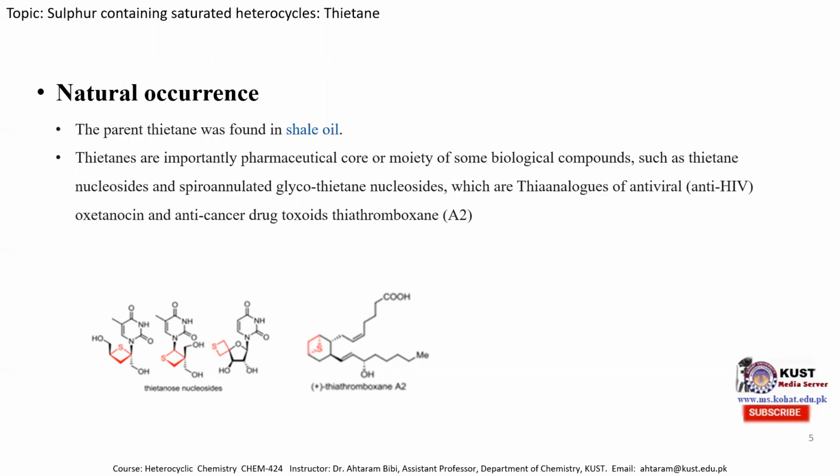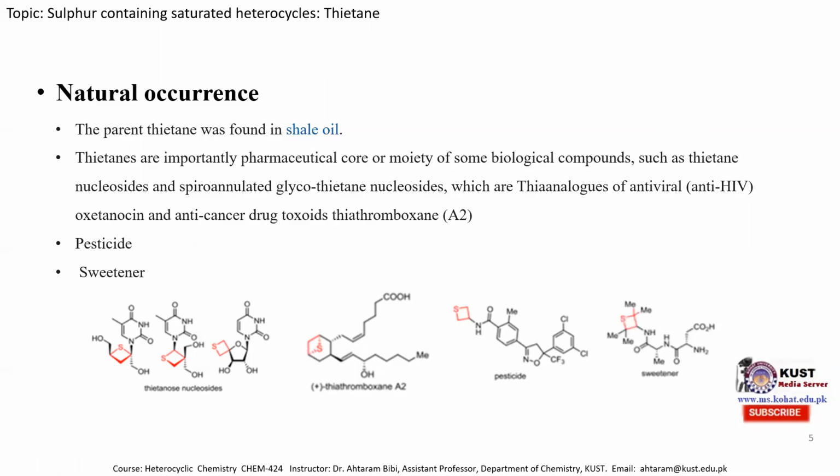Besides pharmaceutical importance, Thietane is naturally present in certain pesticides. As one can see, the structure of this pesticide consists of a Thietane molecule. Besides pesticides, it is also present in some sweeteners, and it consists of a Thietane molecule.